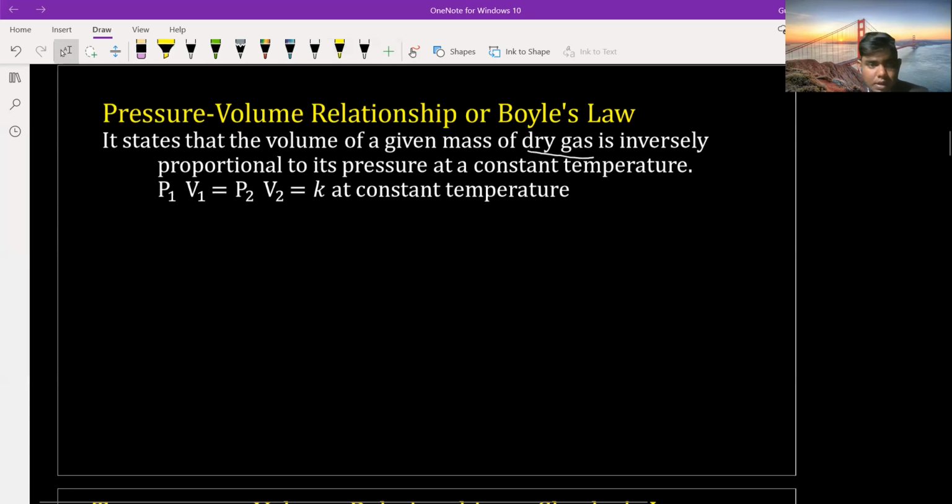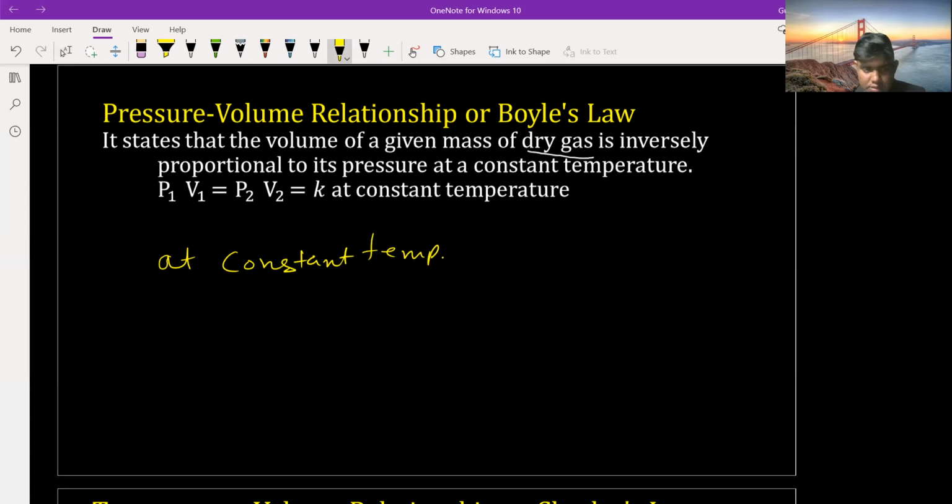It means at constant temperature, for a dry gas, its volume will be inversely proportional to pressure.